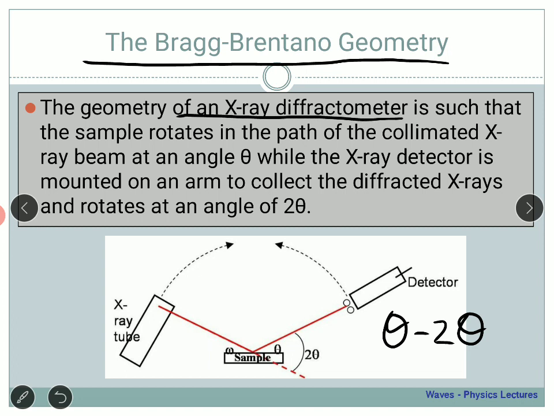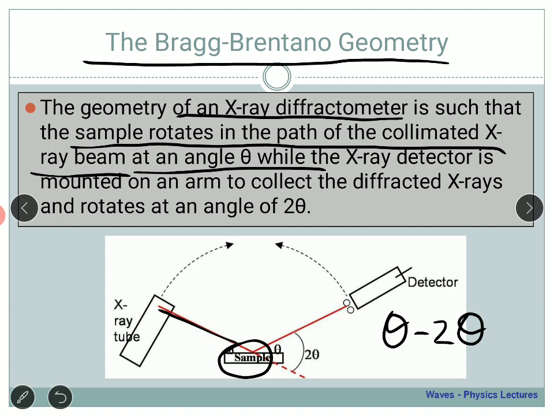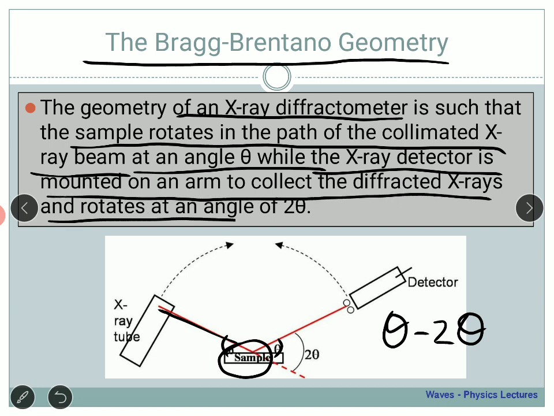It is such that the sample will rotate in the path of the collimated X-ray beam at an angle theta. So this is your angle theta here. The sample will keep on rotating at that angle theta. And the X-ray detector is mounted on an arm to collect the diffracted rays and rotates at an angle 2 theta.